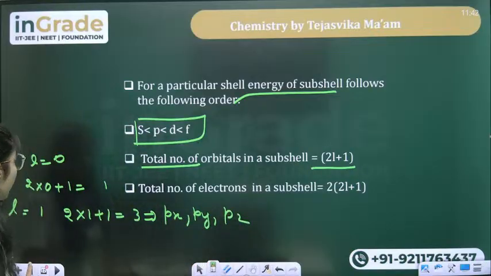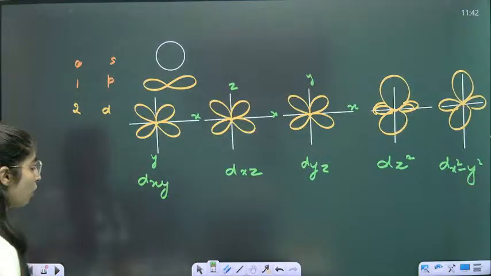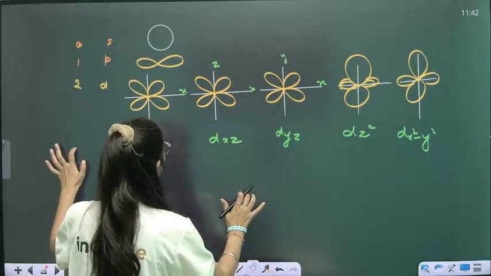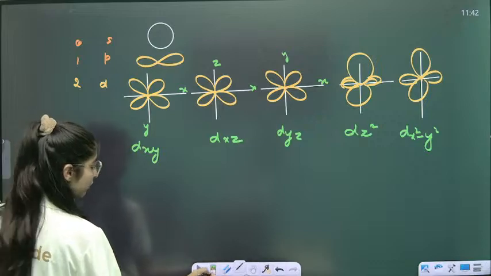If you want to draw the shape of Px, Py, Pz, then how are you going to draw it? Just wait, let me draw it here.